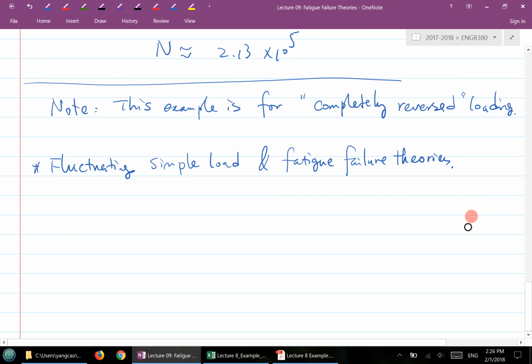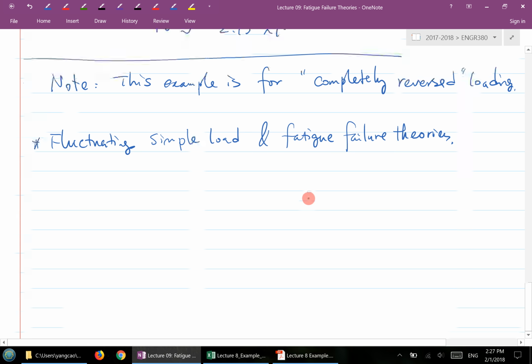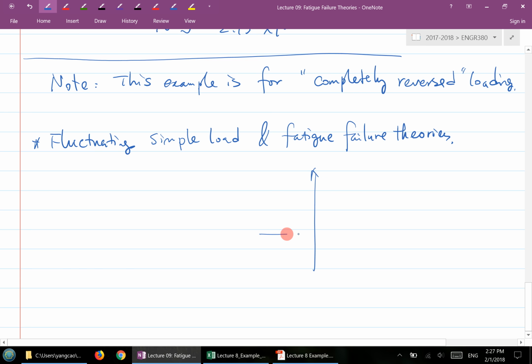If you remember, when we started the fatigue loading, we mentioned 3 different types of loadings. One is completely reversed, and the second one is called what? The repeated loading, right? So repeated to 0 and then come back. And the third type is this fluctuating type of loading. So you have a sinusoidal curve that has a non-zero mean value.